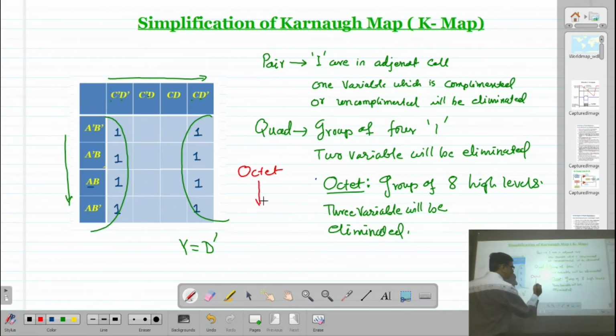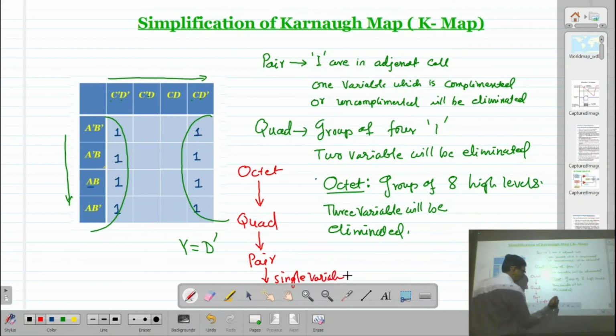If the octet is not present, then you have to mark a quad. If the quad is not there, then try to find out the pair. And if the pair is not there, then we have a single variable. Correct? So in the priority, you have to find out the octet because it gives a more simplified expression.